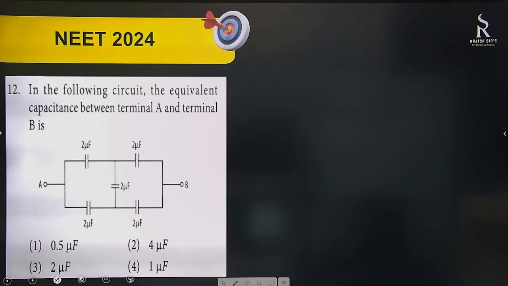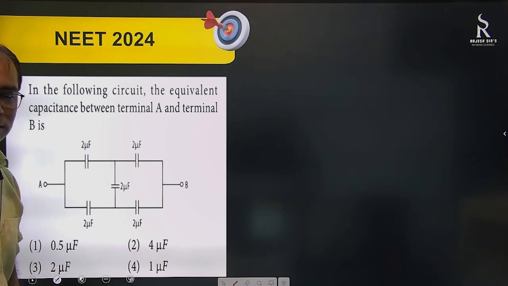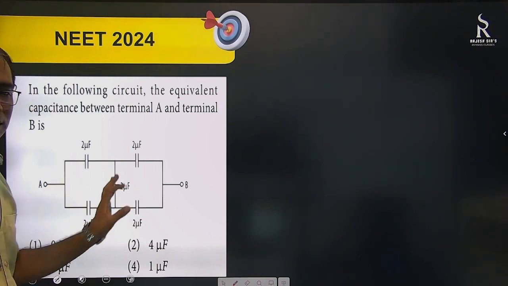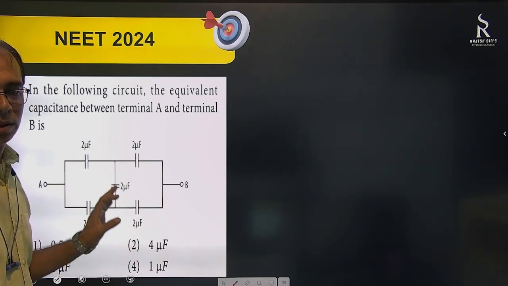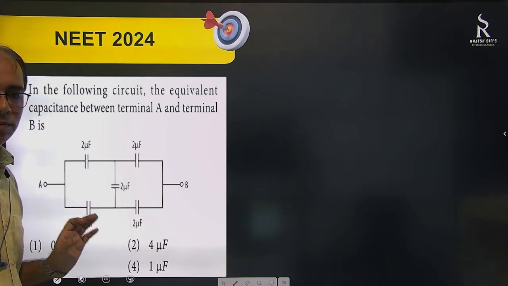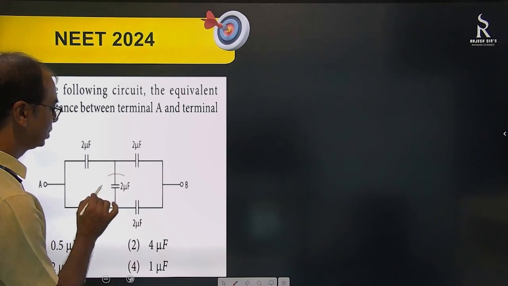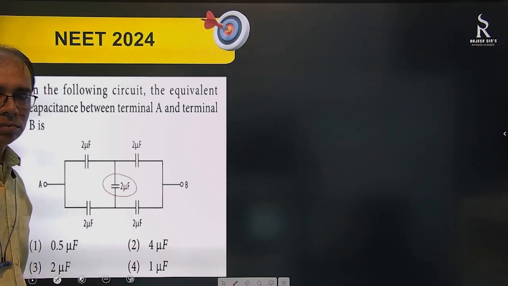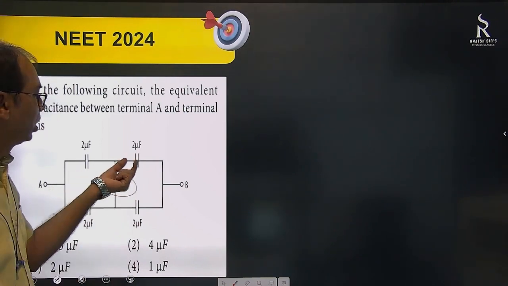In the following circuit, the equivalent capacitance between terminal A and terminal B is? Between A and B, what is the equivalent capacitance? But if you see clearly, this is a Wheatstone bridge, P by Q equals R by S. So if it's a Wheatstone bridge, that means this capacitor is of no use. Then these two are in series.